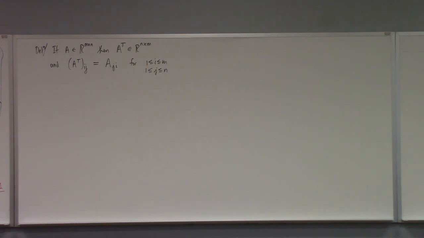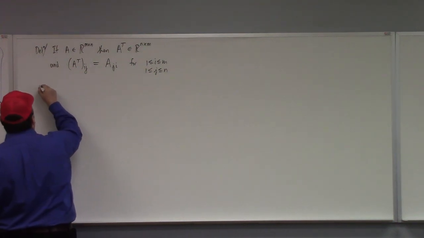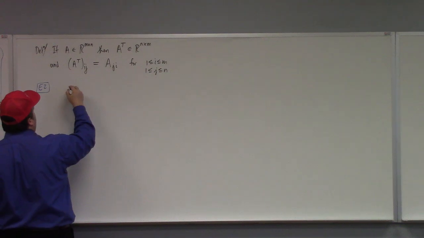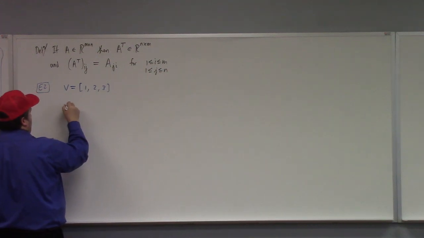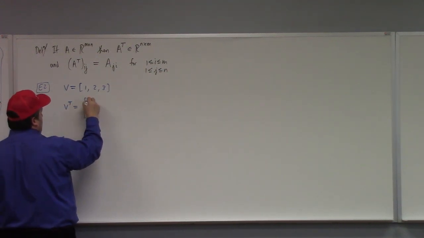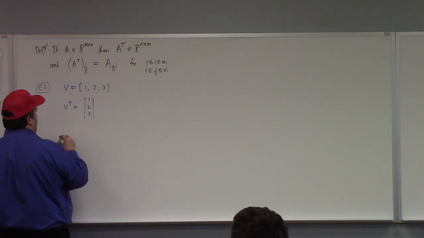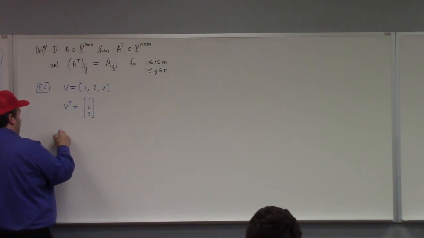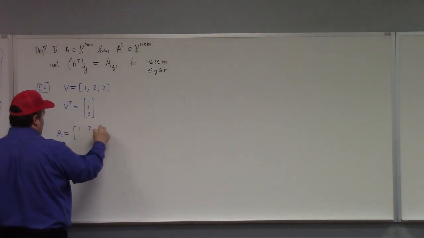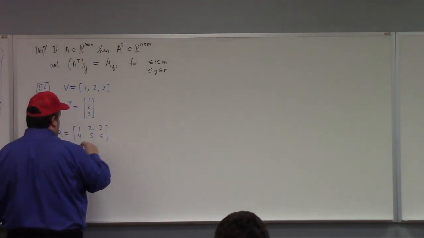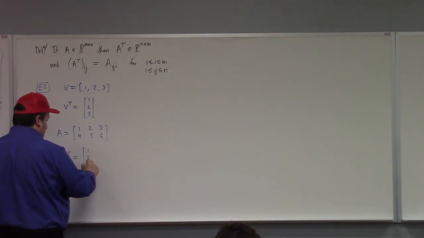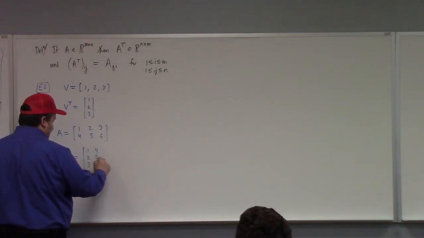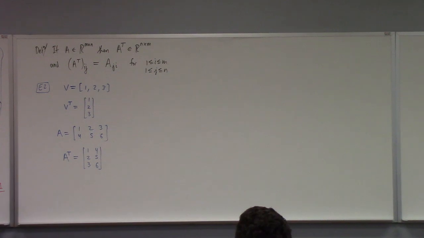So let me just give you some examples of this. If we had like the vector, which is a row vector, 1, 2, 3, then V transpose is the column 1, 2, 3, right? If I have the matrix A is 1, 2, 3, 4, 5, 6, a 2 by 3 matrix, then A transpose is a 3 by 2 matrix, right?